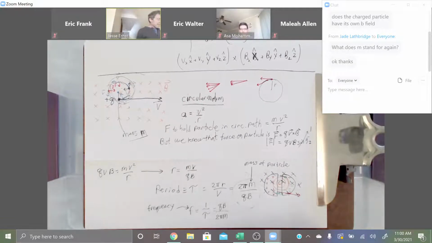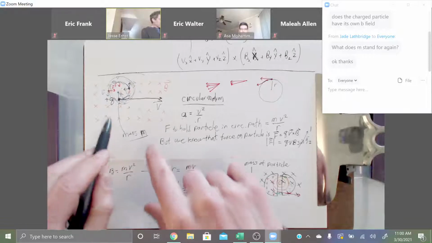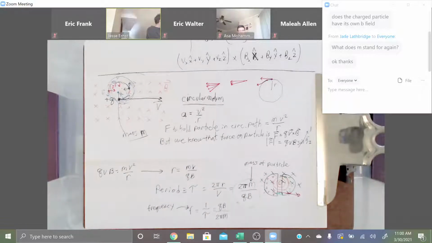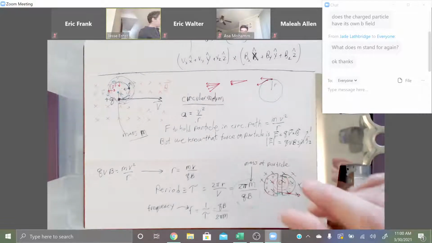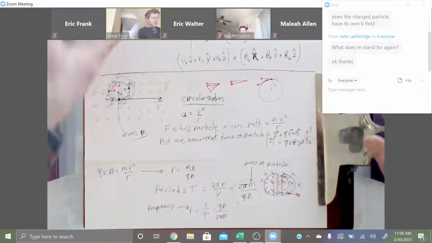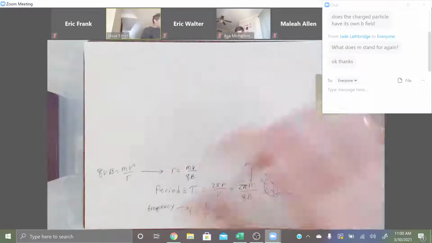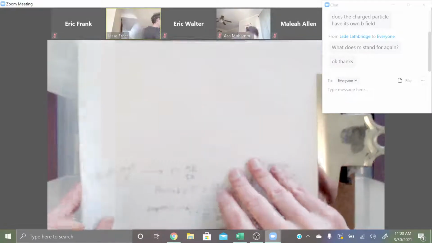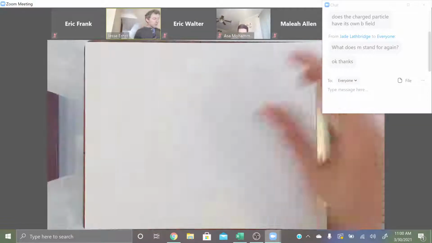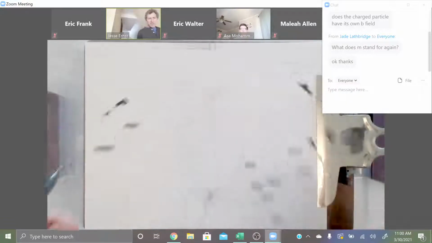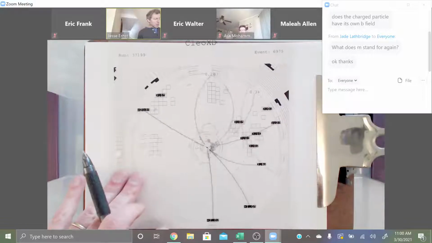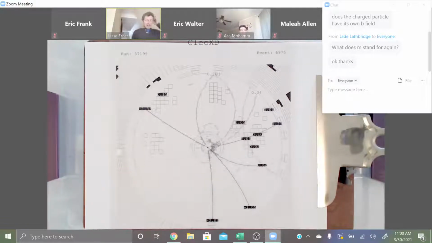Okay, so this Lorentz force and this curling of charged particles into circles comes up in a huge range of applications. So modern accelerators, from X-ray machines to particle detectors to mass spectrometers, all use this basic idea.